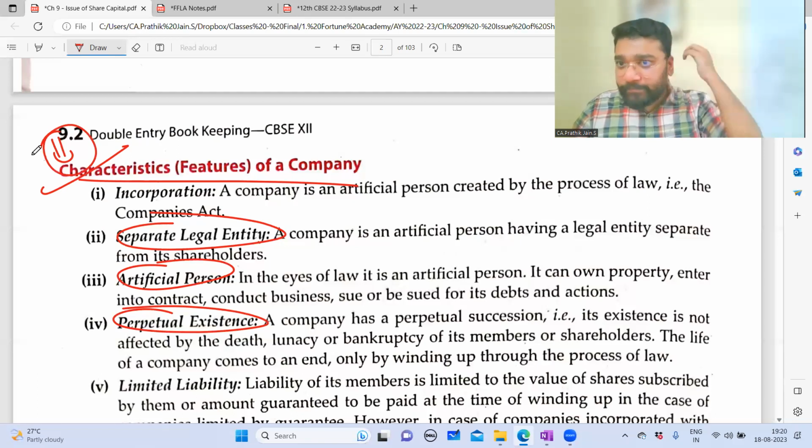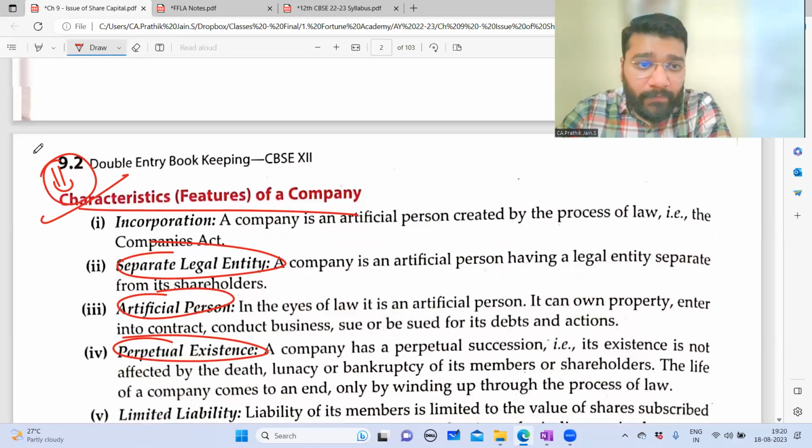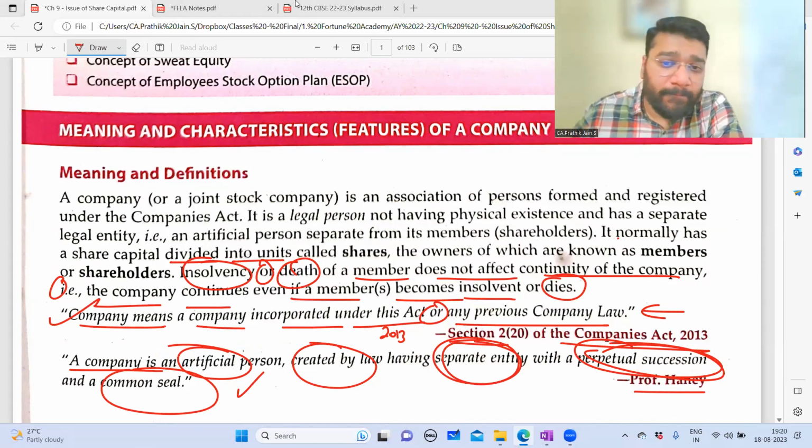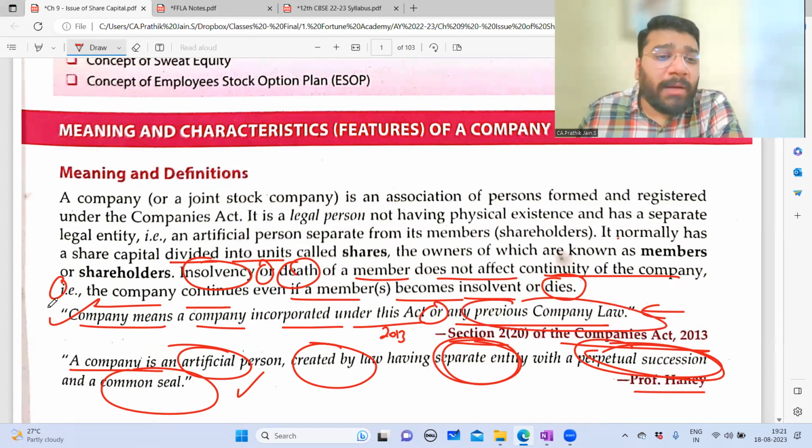What is it? Sir, can you scroll up once? In this one, the company means a company incorporated under this Act or any previous company law. I didn't get one thing. When the companies which were formed under the 1956 Act, in 2013, what do those companies do? So, company means a company incorporated under this Act, 2013, or any previous law, which is 1956.